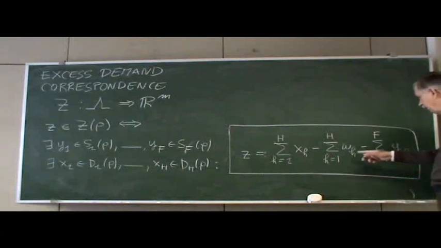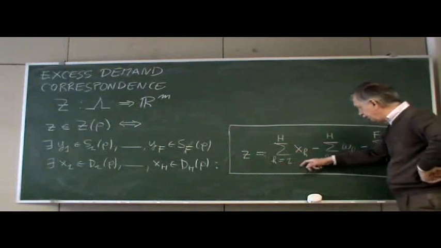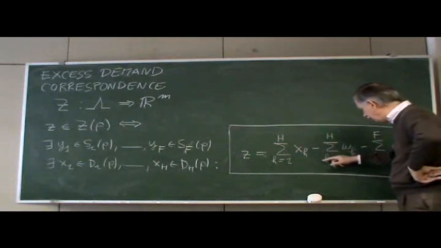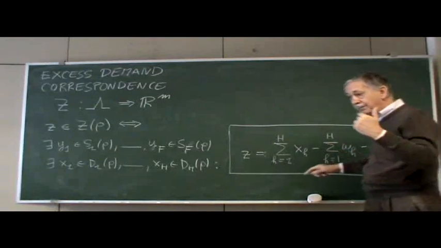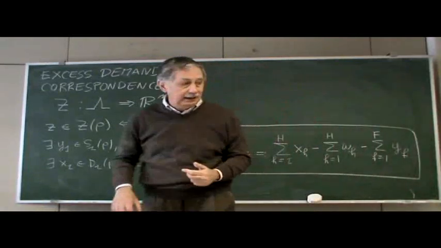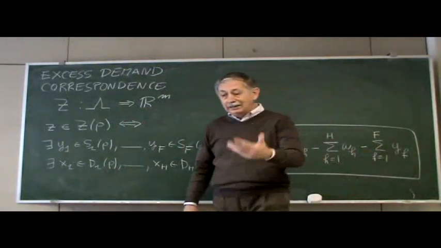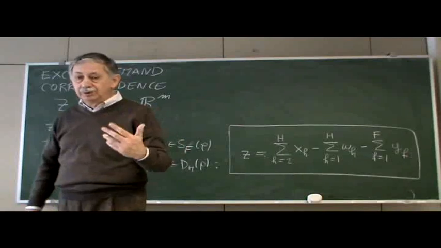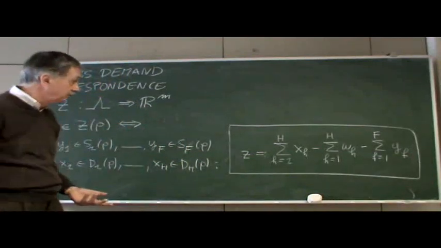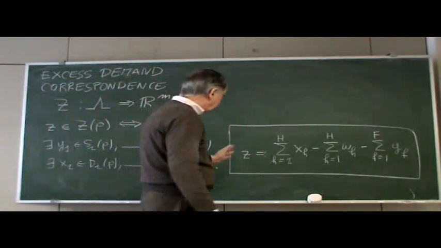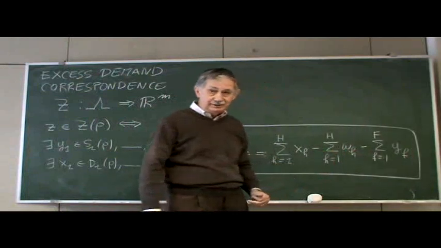So you must subtract from the total demand not only the total initial endowment of goods, but also the quantities which are produced by the firms, if they are positive, or add the quantities of goods which are demanded by the firms in order to produce other goods. So the excess of demand is represented by this difference. I repeat.